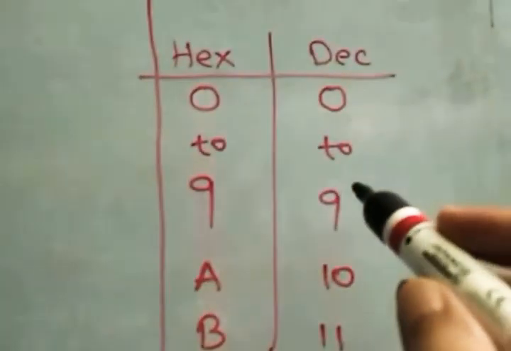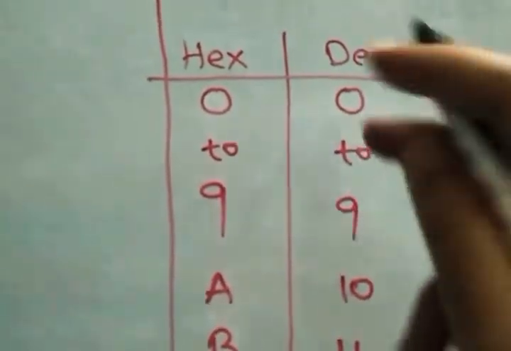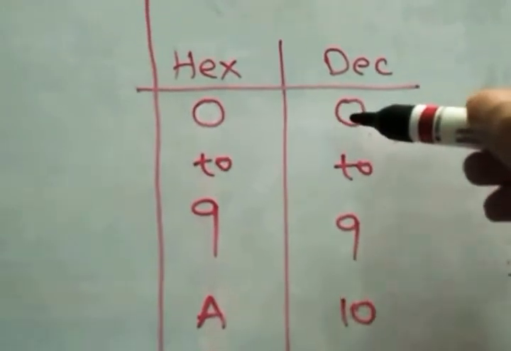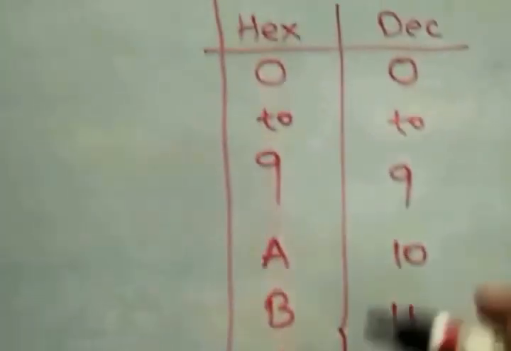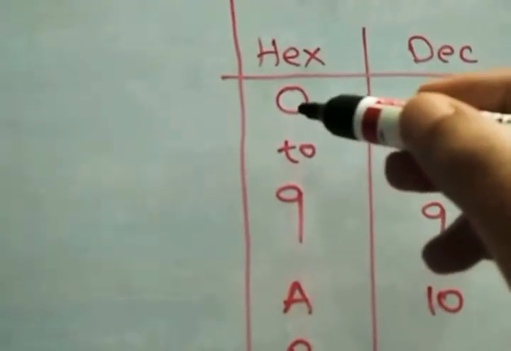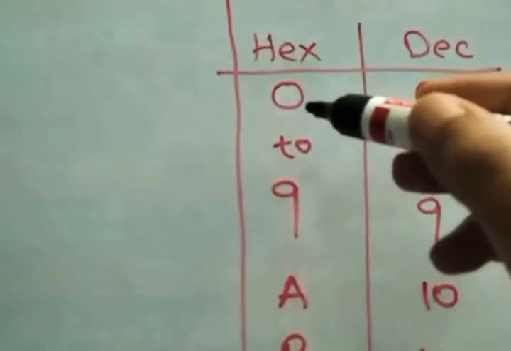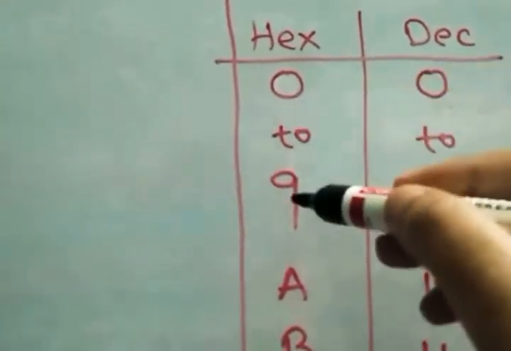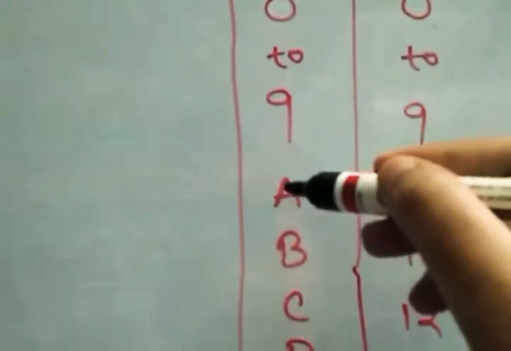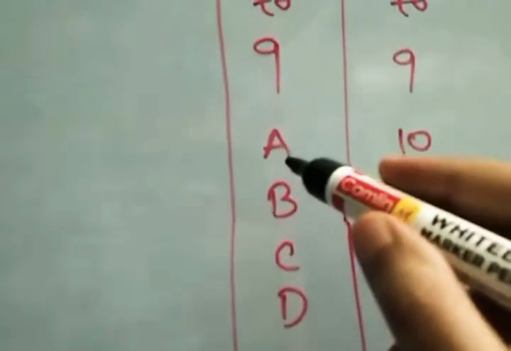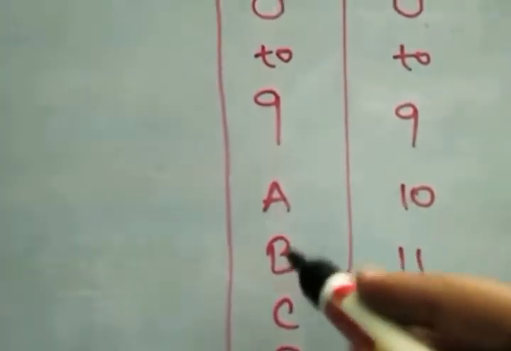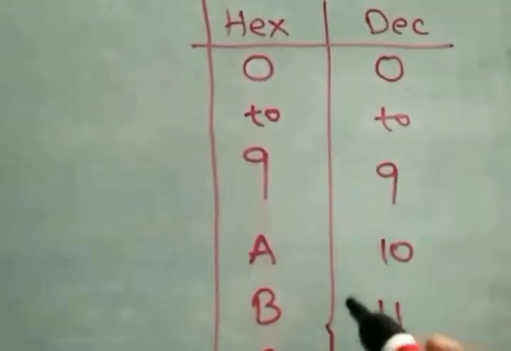In decimal, as there are 10 digits, 0 to 9, it is the decimal system. By combining 0 to 9 only, numbers like 1011 can be made. But hexadecimal, as the name suggests, consists of 16 digits: 0 to 9, and in addition to that, 6 more digits A, B, C, D, E, F. So for easiness, these letters A, B, C can be compared with decimal numbers.